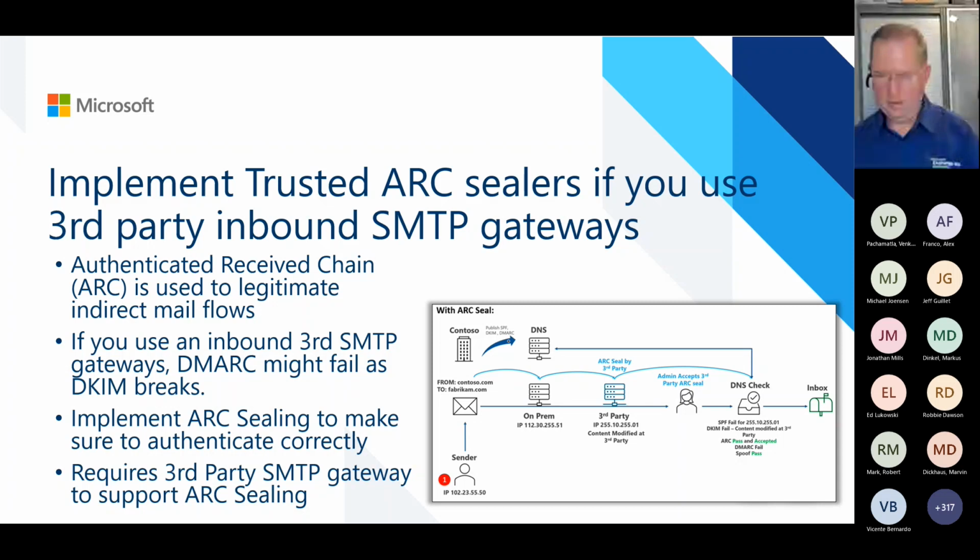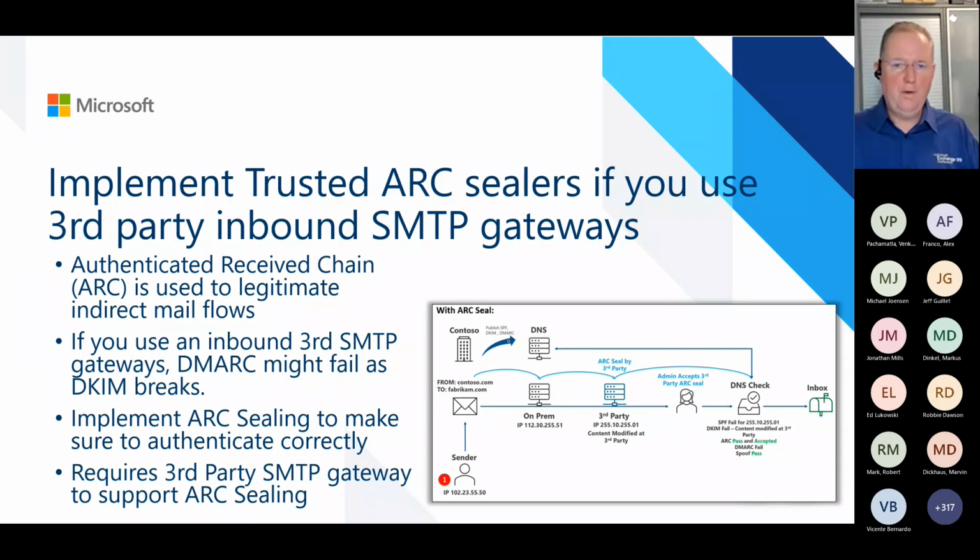Okay, so the next one is especially if you use third-party inbound SMTP gateways. Remember, some SMTP gateways might change the DKIM. You can configure advanced filtering to overcome SPF, but you cannot use advanced filtering to overcome DKIM. So DKIM breaks if you have a mail server in between the internet and your Exchange Online.